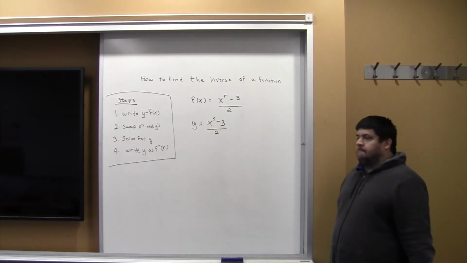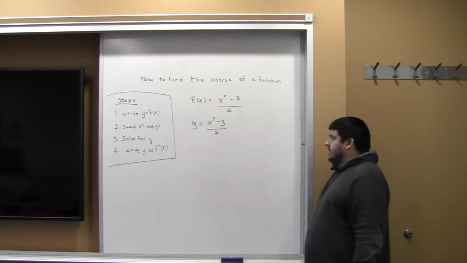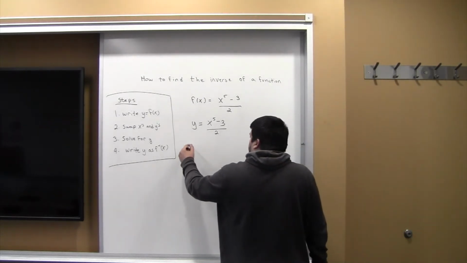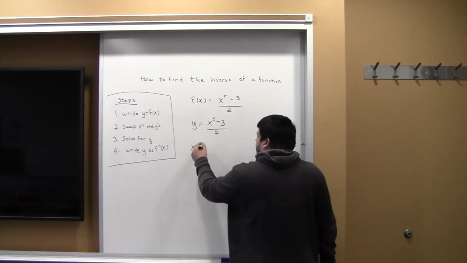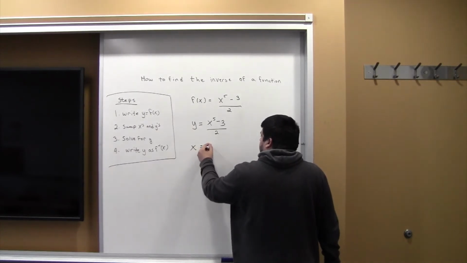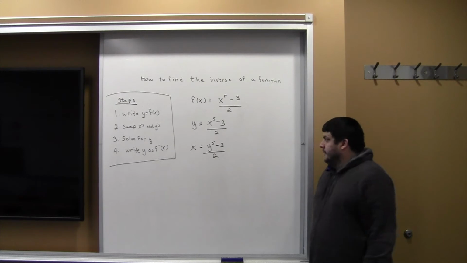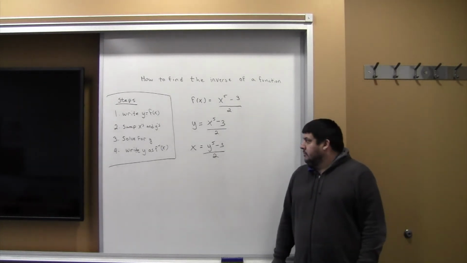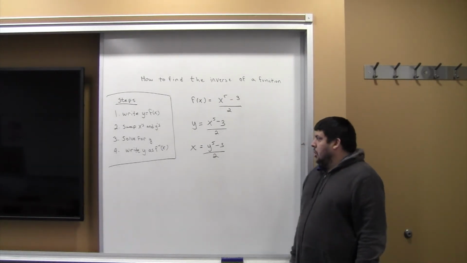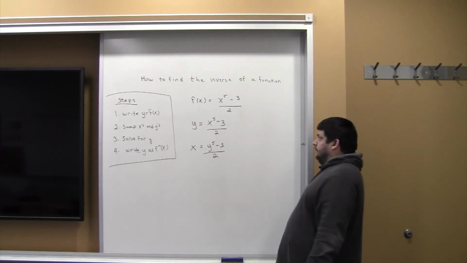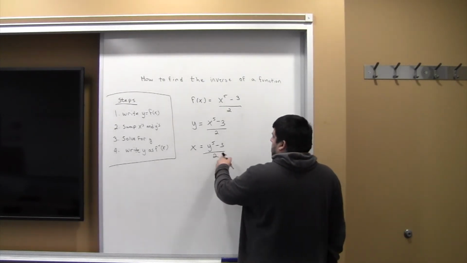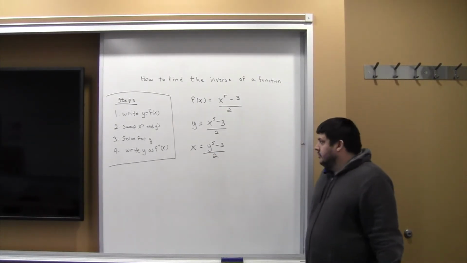So I've done that. Then I need to swap. Everywhere I see a y, I put an x, and everywhere I see an x, I put a y. Okay? Next up, we solve for y. So we're going to get y by itself here.